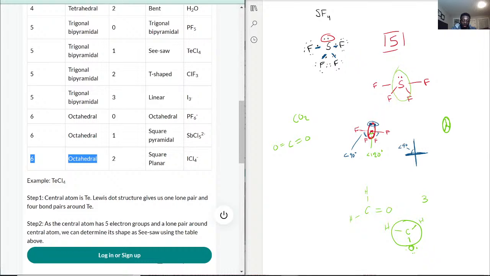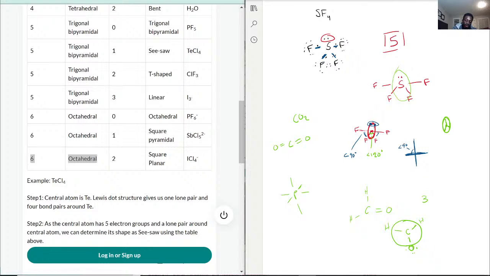So 6 electron pairs, PF6 minus. So there's an extra one. If we have phosphorus, for some reason it doesn't also care about the extra electron, and it will look kind of like that, phosphorus PF6, okay?